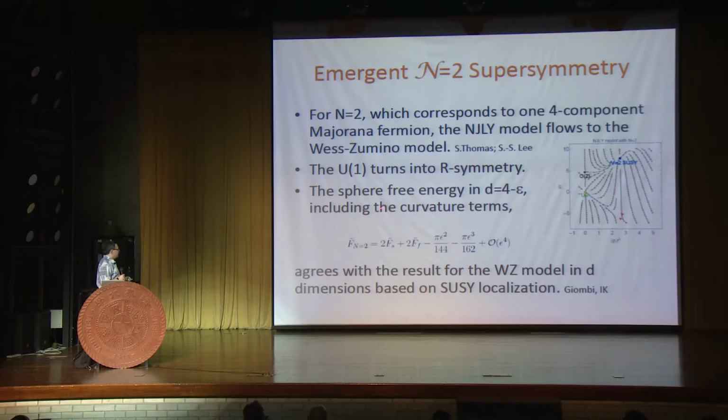And another thing is that the sphere free energy matches some earlier description that we developed based on SUSY localization for the Wess-Zumino model. So basically this NJLY model just flows to the Wess-Zumino model, which is continued from 4 to 3 dimensions.